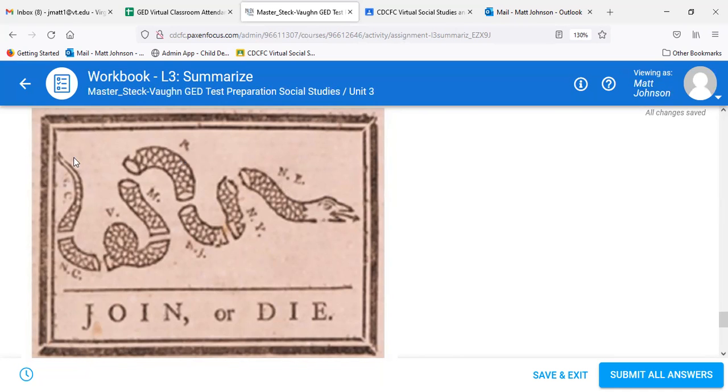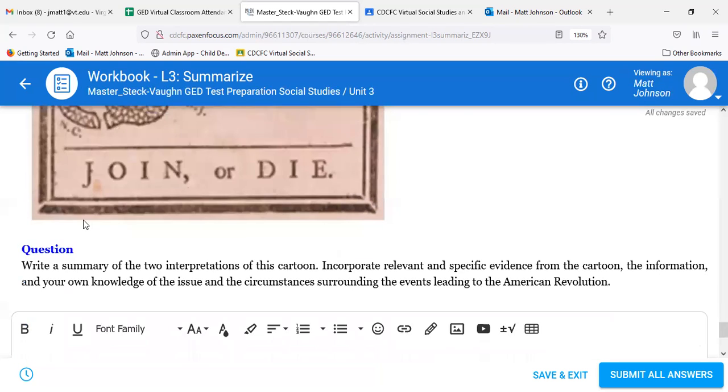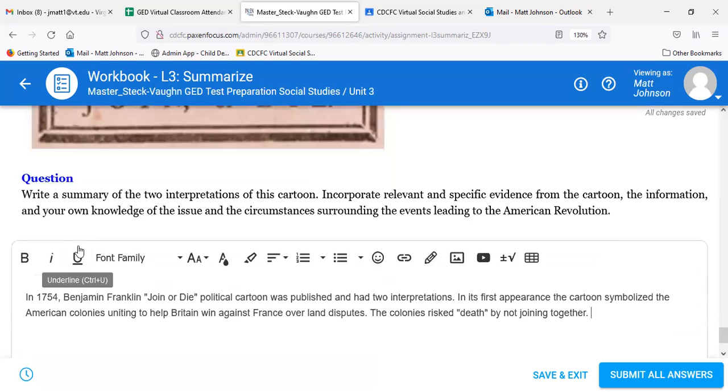They're going to fall apart by not joining together, which is also what's going to happen next. So then what do we follow up with? We've explained why the cartoon appeared first. Then we explained what the cartoon symbolizes. What else do we need? Move on to the second telling, or the second life of the cartoon.